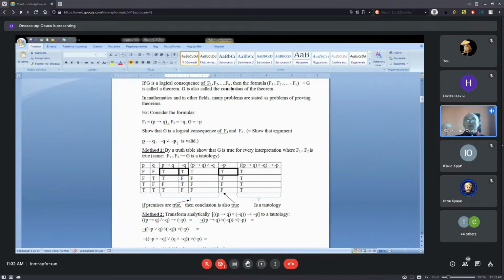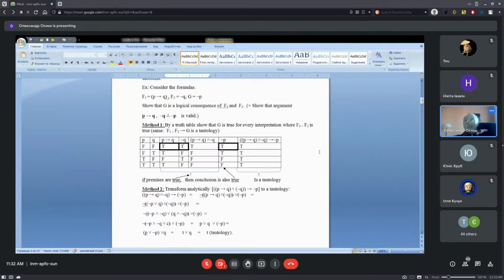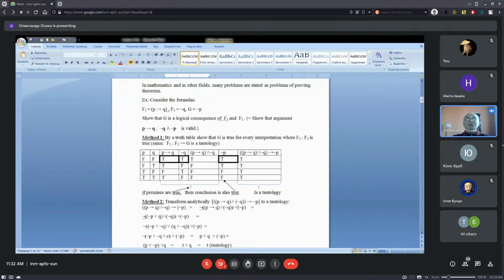Show that this argument, P implies Q, not Q, therefore not P, is valid. These are different ways to say the same thing, but I repeated it two times, just in hope.